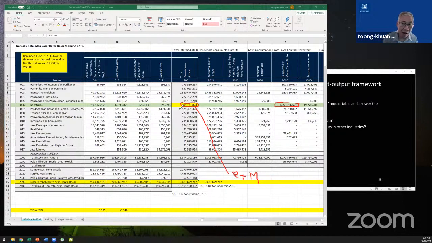Now, you compare Indonesia with the UK. UK is a very old country with a lot of old buildings. So they will have this value very high and this value much lower because they have to spend a lot of money maintaining their structures.